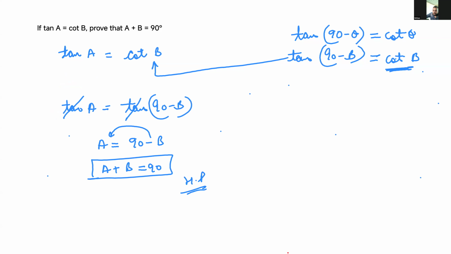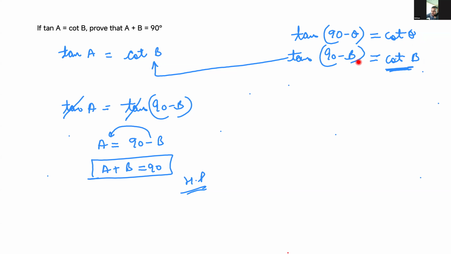So, wait, I don't get the right hand side, the second step on the right hand side. See, we know this formula tan(90 minus theta) is cot theta. If I take theta as B, so here theta will also come as B. So it means that cot B can be written as tan(90 minus B).